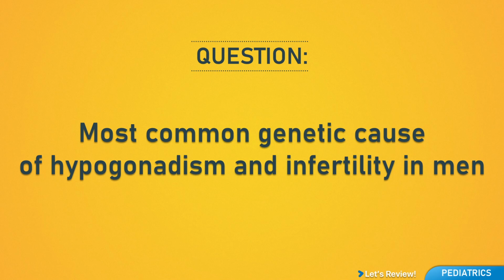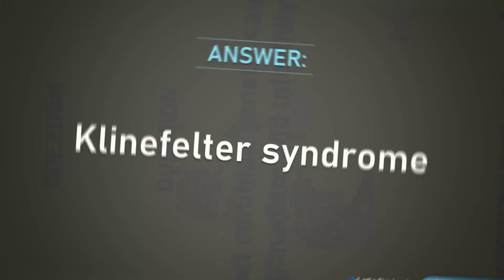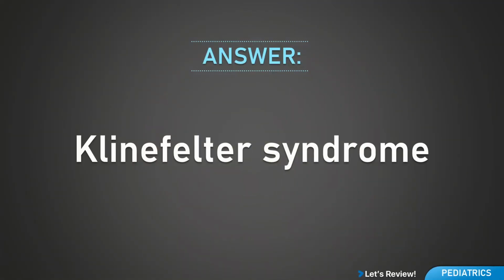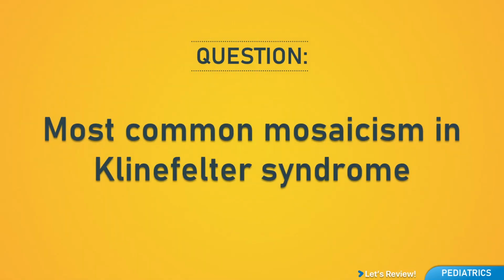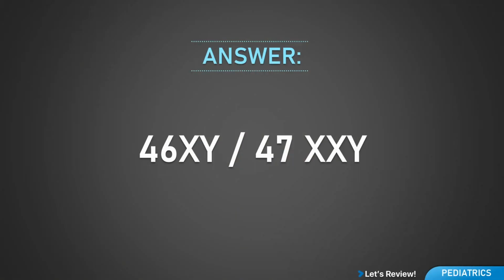Most common genetic cause of hypogonadism and infertility in men. Klinefelter syndrome. Most common mosaicism in Klinefelter syndrome. 46XY/47XXY.